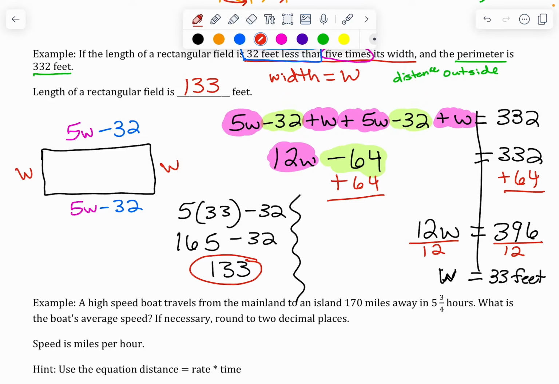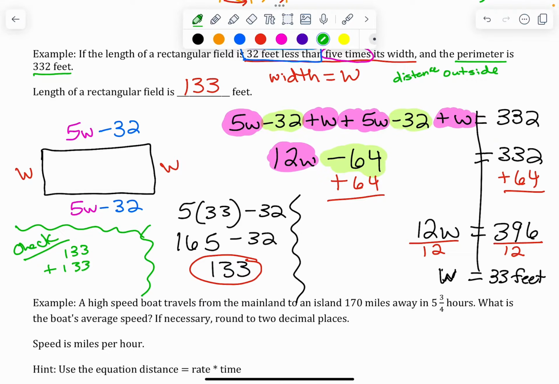Now, you can check this by adding up all the sides of the rectangle and making sure that it equals 332 feet. So if we wanted to check it, we would get 133 plus 133 plus 33 plus 33.